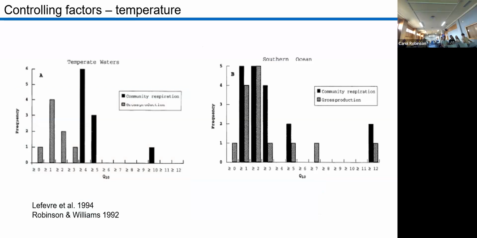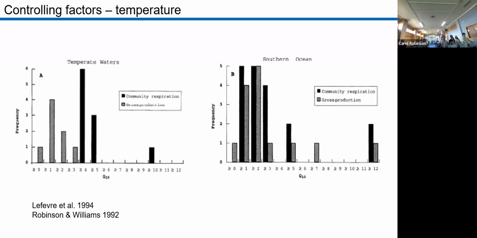So what you got on the right panel is an experiment carried out on coastal waters, which are temperate waters. So that means the community is experiencing a large range of variation in temperature. If you look at the community respiration, it's a very high Q10, around 4 or above. In the gray, you got the Q10 for photosynthesis.